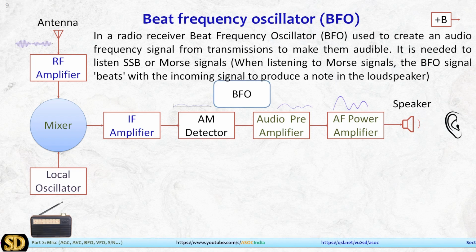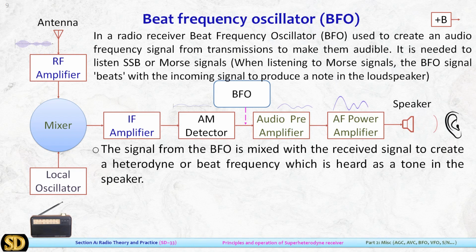This BFO stage also works along with the AM detector, because it gives the output of the oscillator to the AM detector to mix, and as a result we get a note. The signal from the BFO is mixed with the received signal to create a heterodyne or beat frequency, which is heard as an audio tone in the speaker.